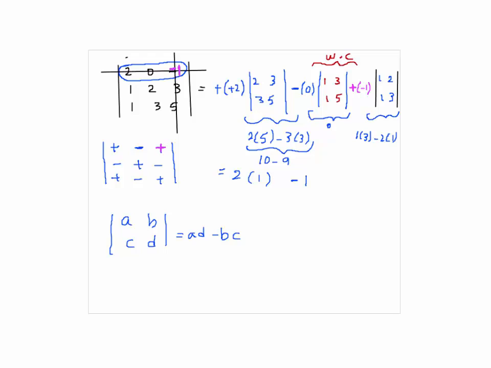So this would be 1 times 3, which is 3. 3 minus 2 is equal to 1. So it would be minus 1 times 1. So we have 2 minus 1, which is equal to 1. That's how you find the determinant of a 3 by 3 matrix.